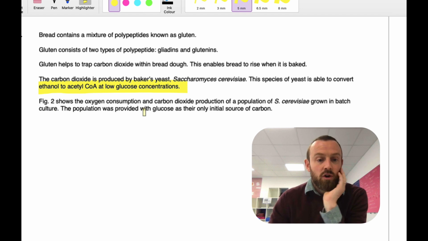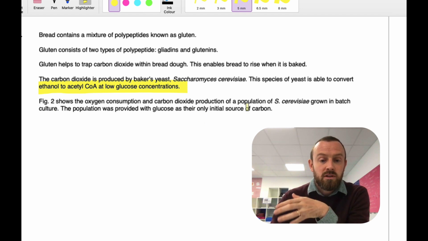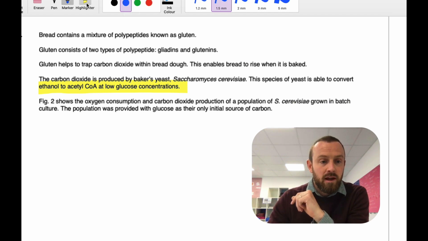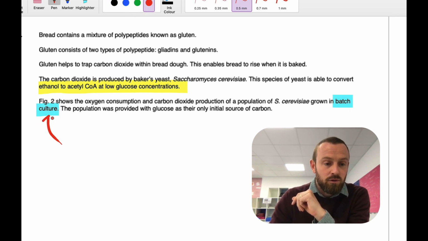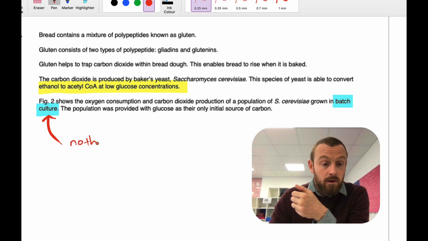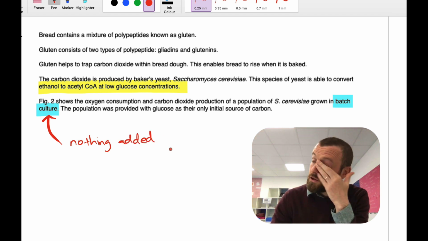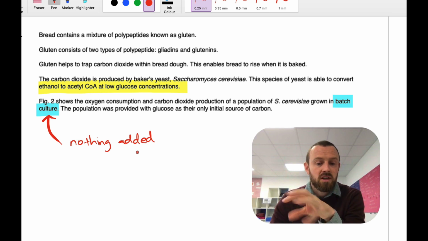Figure 2 shows the oxygen consumption and carbon dioxide production of a population of yeast grown in batch culture. Now that is important, that batch culture phrase, because batch culture means nothing is added. Once the flask is sealed, everything's just contained. No nutrients are being added, and no waste products are being removed. Everything's just allowed to build up in the sealed container.